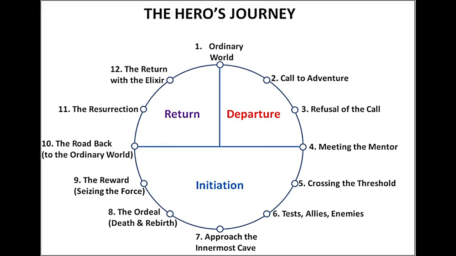sort of hits rock bottom, as they say in 12-step programs, and then from that point they pull themselves up and find their way out through their allies and what have you, go through an ordeal of death and rebirth, find the reward, take it back to the ordinary world, and share that boon, whatever that is, the elixir of life or the treasure or some wisdom, share that with their family, their community, their country, their world, and bring, essentially, consciousness to the world.